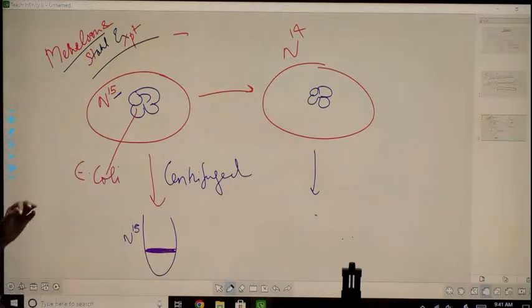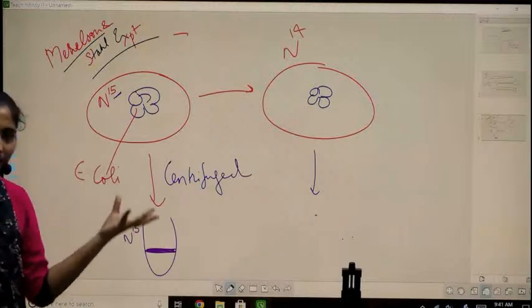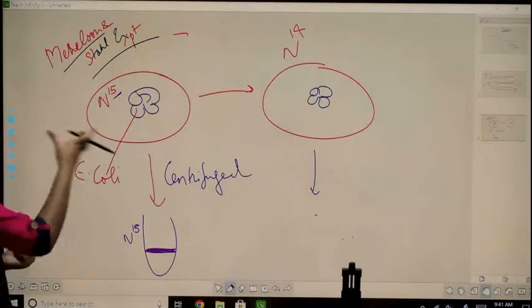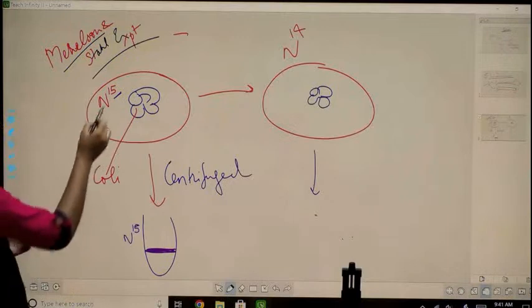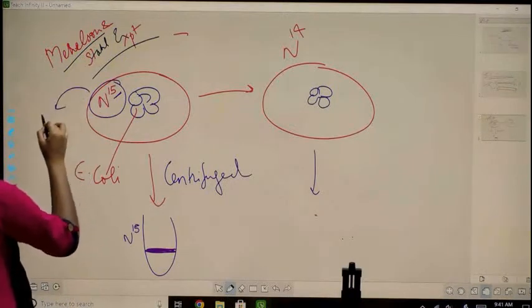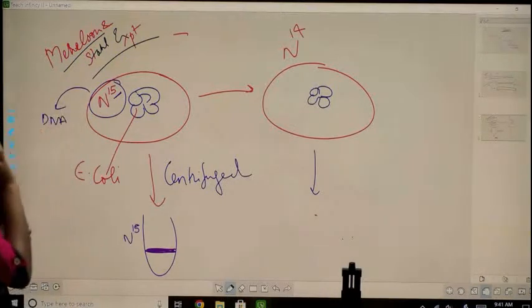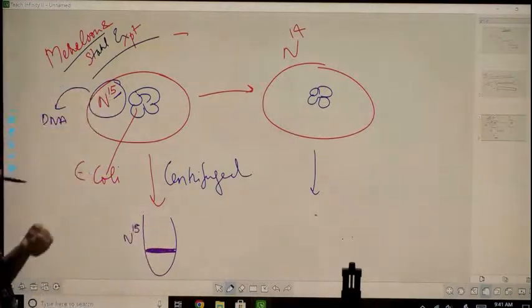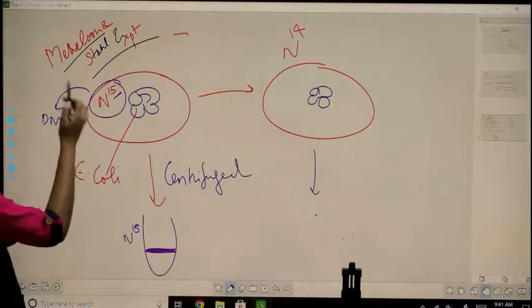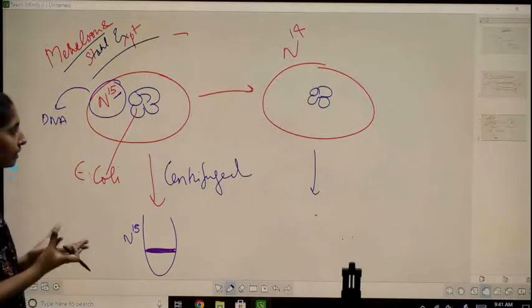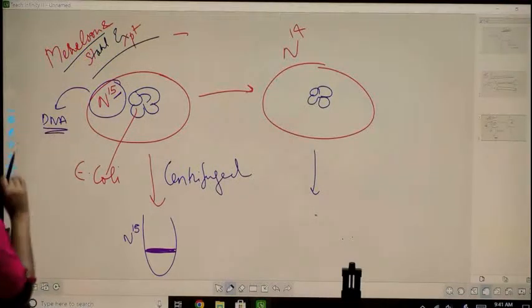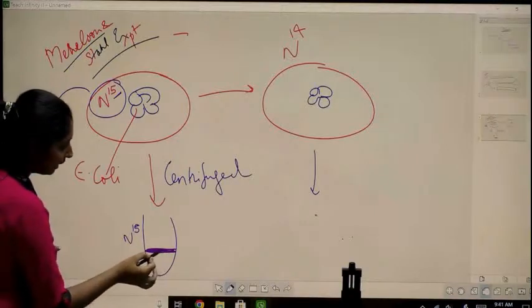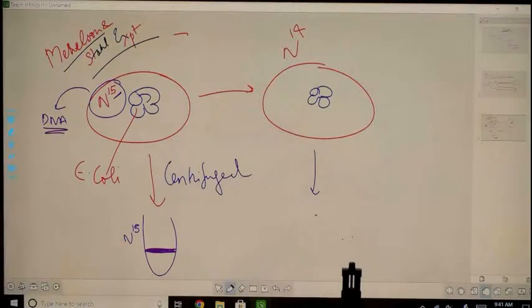When we are providing N15 in the medium, the bacteria will utilize N15 and incorporate it into their DNA. We studied that in the structure of DNA, we have nitrogenous bases, right? So for synthesizing DNA, the bacteria utilize the N15 provided in the medium. So that is why we are getting an N15 band here.